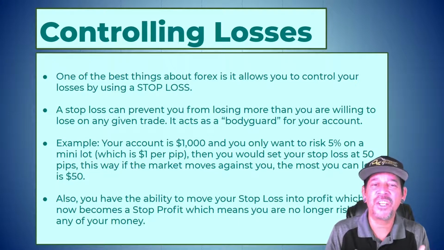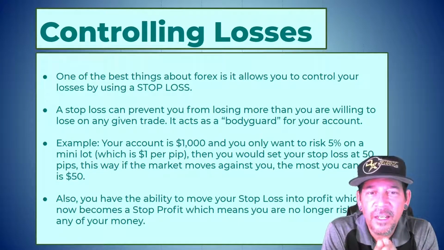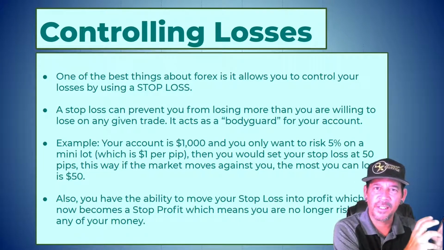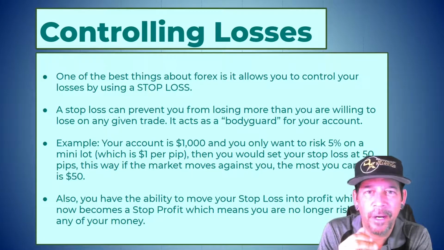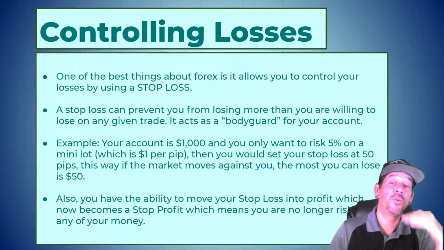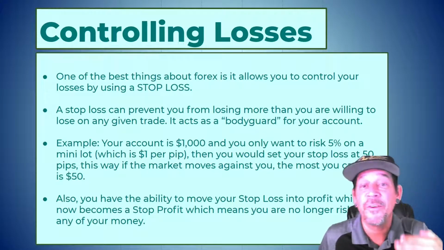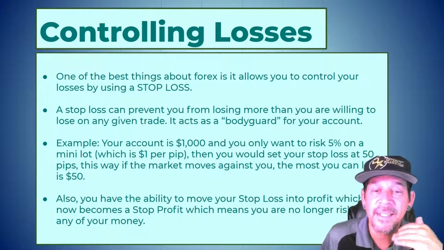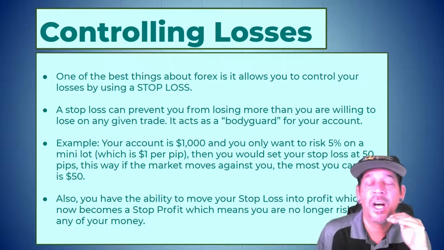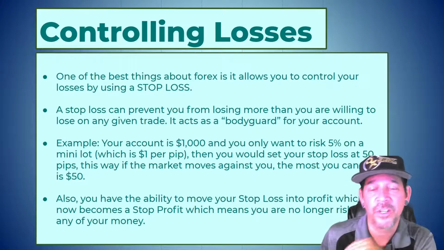So you've actually converted controlling your losses into capturing a little bit of profit. Another cool, unique thing that brokers allow you to do is place a stop loss to control the amount of money that you will lose on a trade.